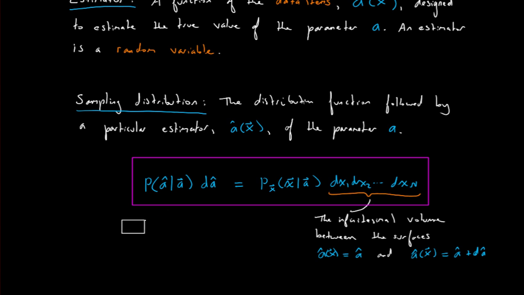So this is really a relationship between the sampling distribution and the population.